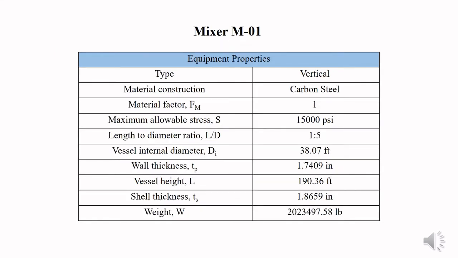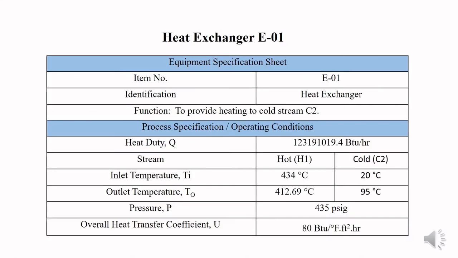This is the equipment properties for mixer M01, which the type will be vertical, and the material of construction is carbon steel, and the other details such as weight are as stated in the slide, which is important in determining the costing of this equipment.